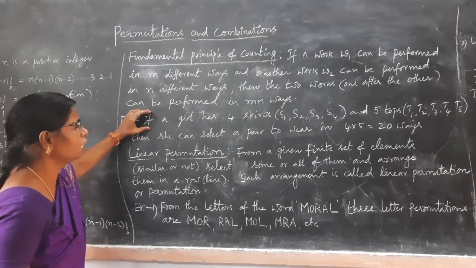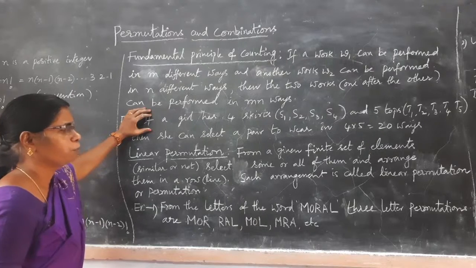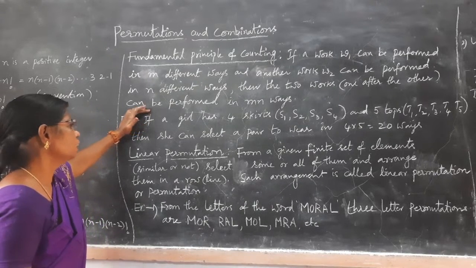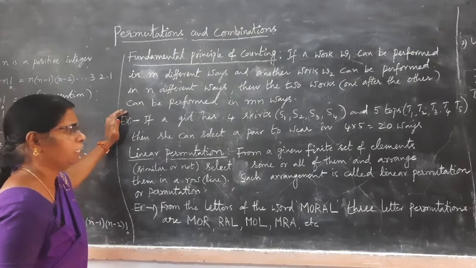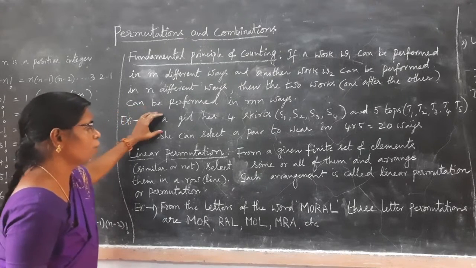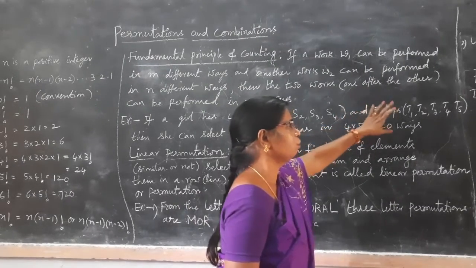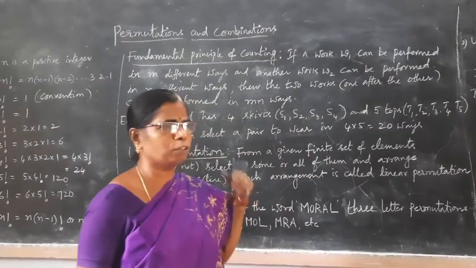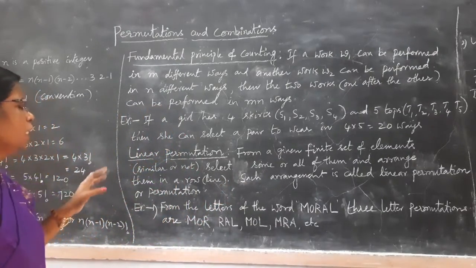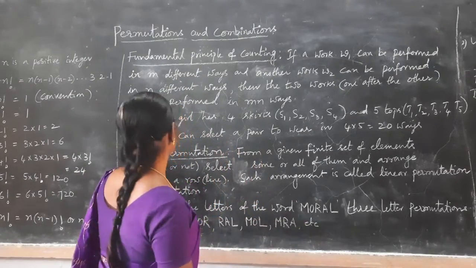So if a girl has 4 skirts, S1, S2, S3, S4 and 5 tops, T1, T2, T3, T4, T5, then she can select a pair to wear in how many ways? 4 into 5, that is equal to 20 ways. That is what I am saying. A girl has 4 skirts and 5 tops. Skirts are usually in different colors like blue, green, red, different types. In this way there are 4 skirts and 5 tops. To wear, the girl needs one skirt and one top. So she can select in how many ways?